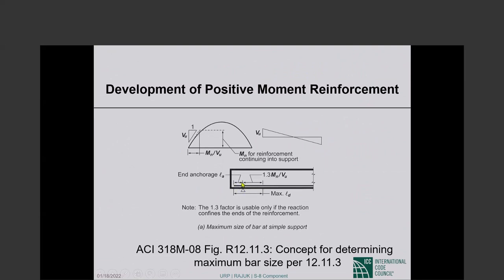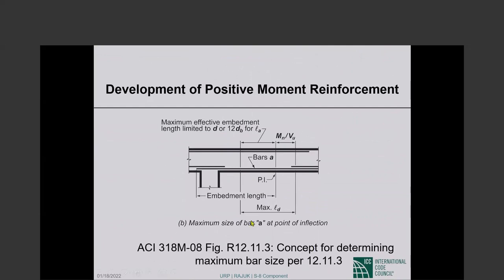This is the embedment length, L sub A, and this is M sub N over V sub U. We have multiplied by 1.3, assuming that this support provides compression. So maximum development length would be from here to there. So your bar size has to be such that the required development length does not exceed this maximum development length.